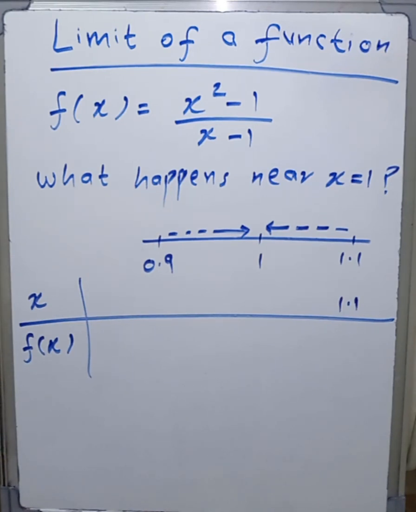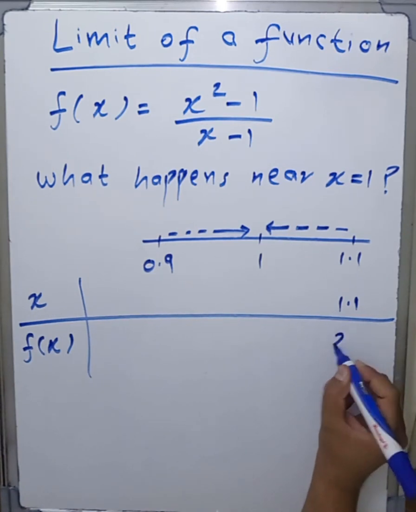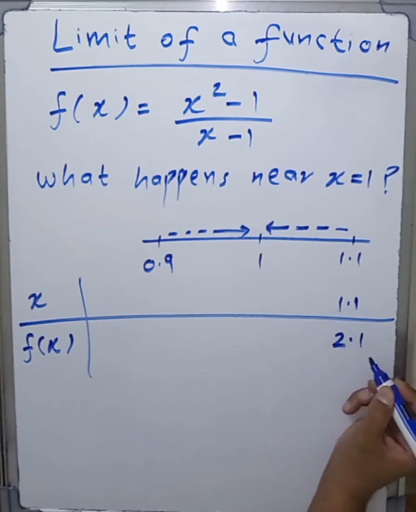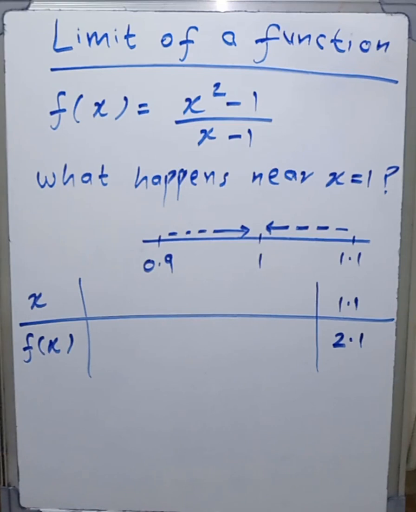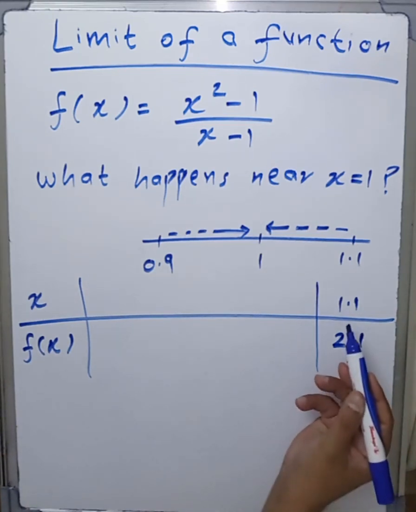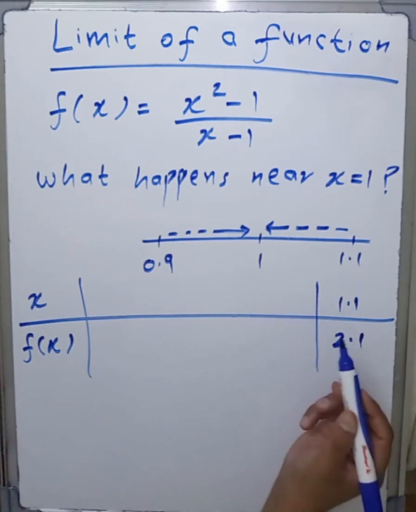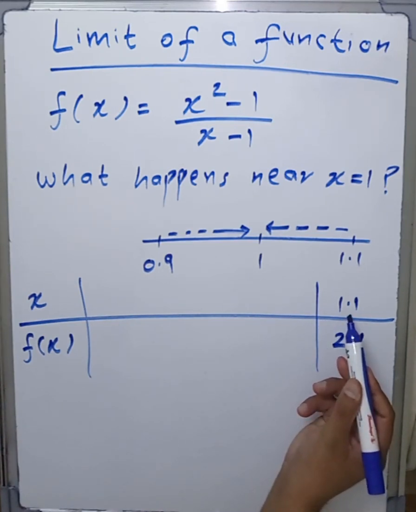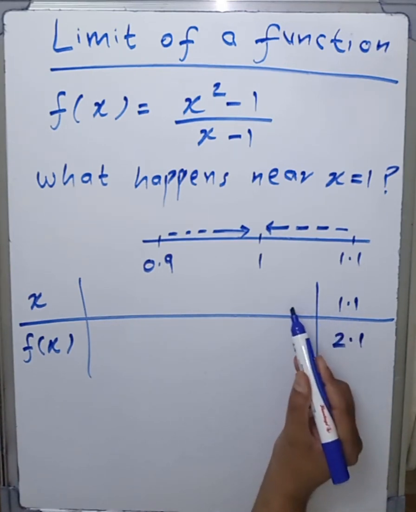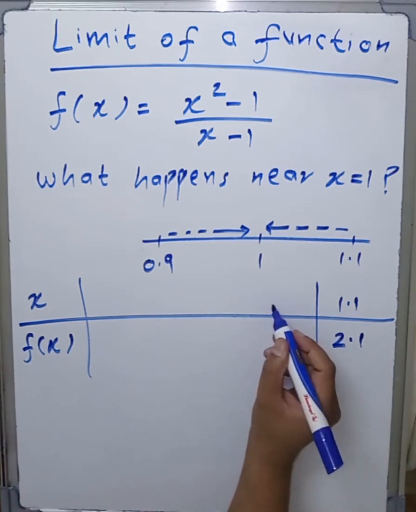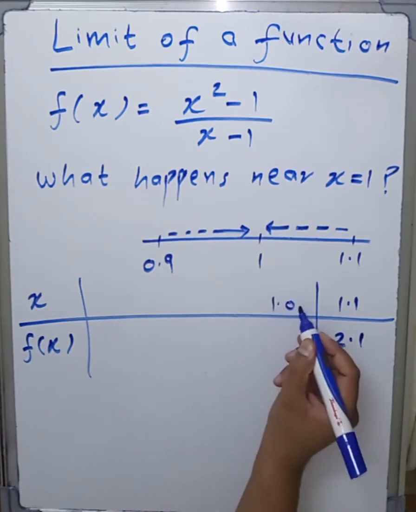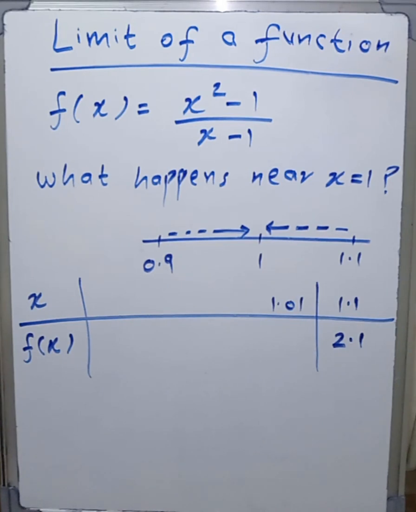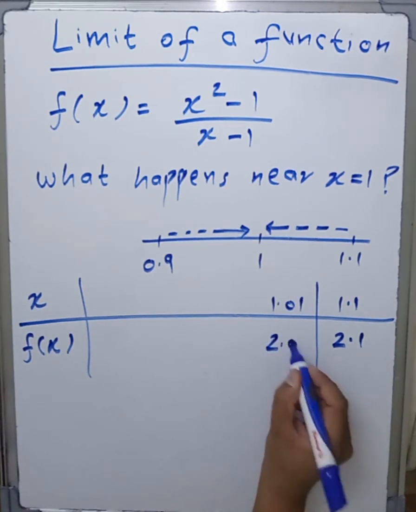At 1.1 the value of f(x) will be 2.1. Let's move towards 1. Let us take a value which is closer to 1, 1.01. At 1.01 the value of f(x) will be 2.01.